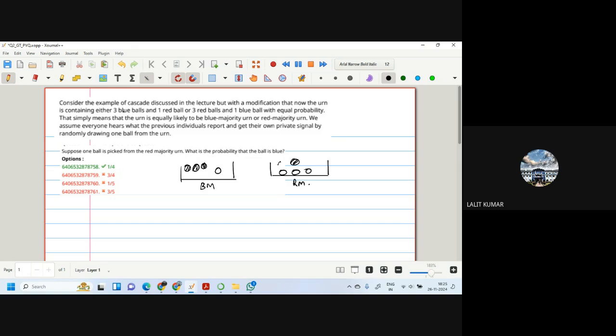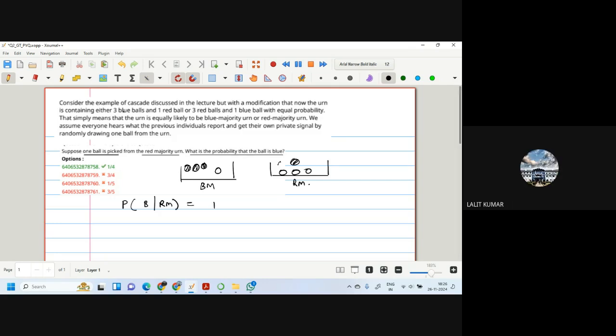Suppose one ball is picked up from the red majority urn. What is the probability that the ball is blue? So here only the Bayes theorem will come handy. We have to find the probability that the ball is blue and it is a red majority.